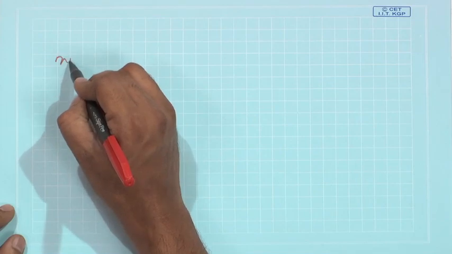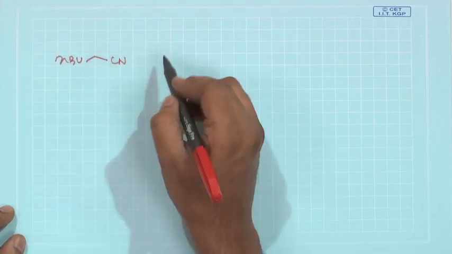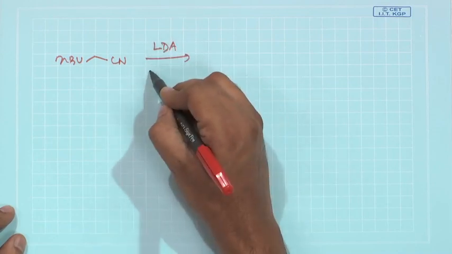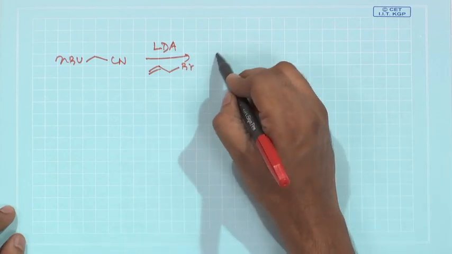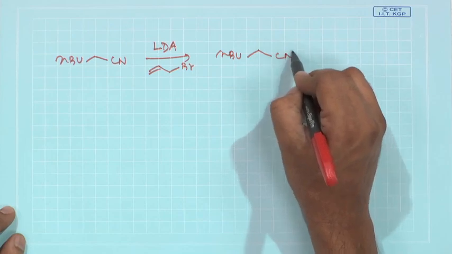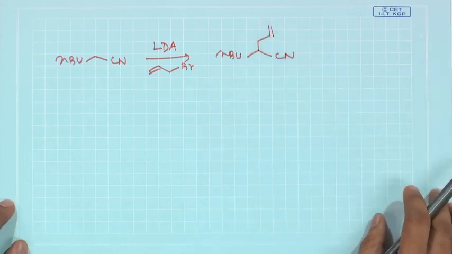Start with n-butyl CH2CN, treat with base LDA and treat with allyl bromide. And then this allyl bromide reacts here to give you this alkylated product.